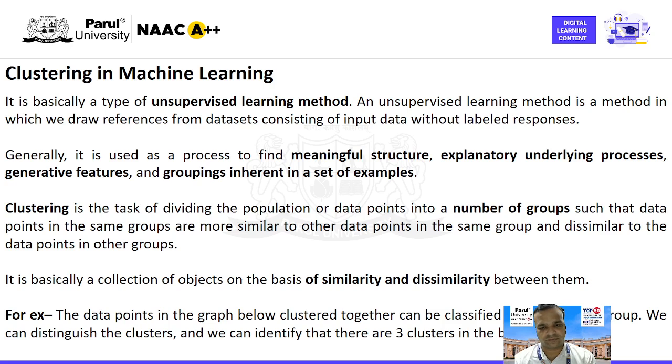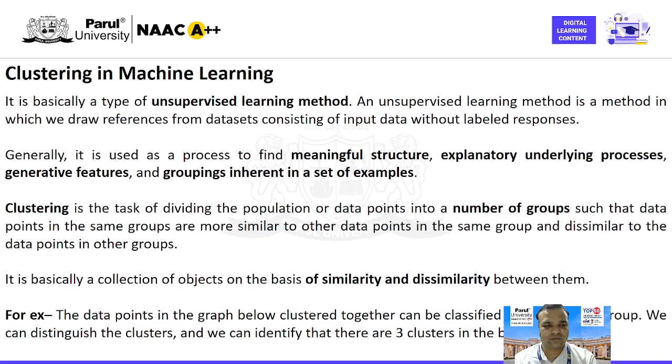So I mean to say that there is no labeling, there is no training, there is no idea about your target variable. We can just create a cluster, create a group with the help of structure, with the help of some similarities of data points or any object.